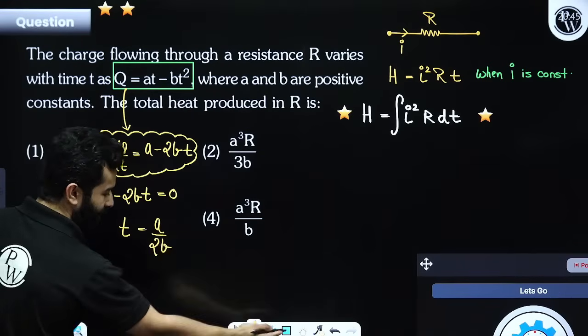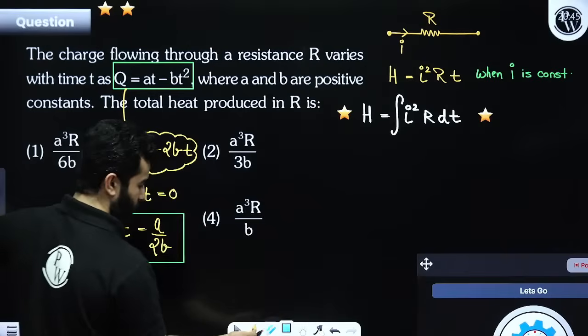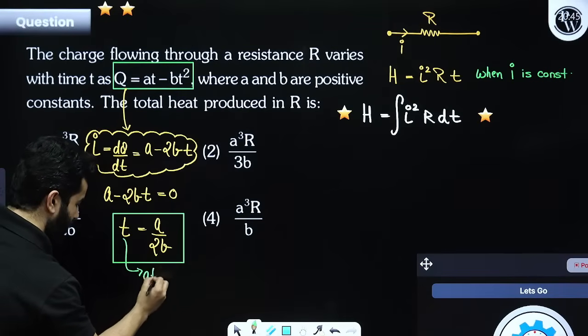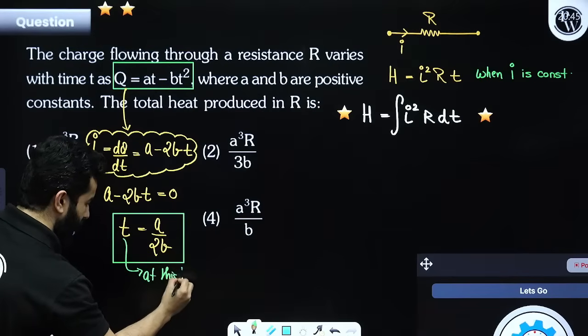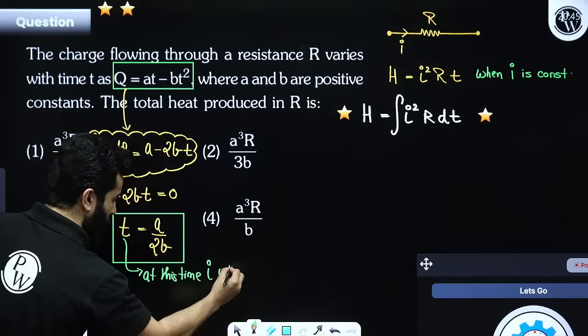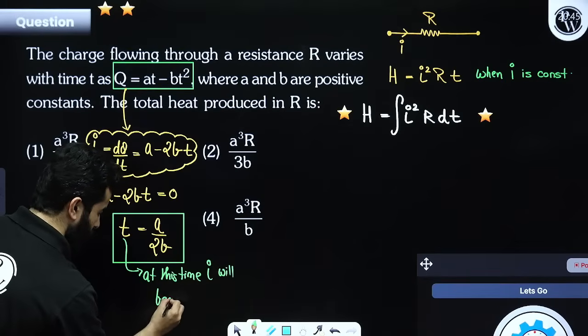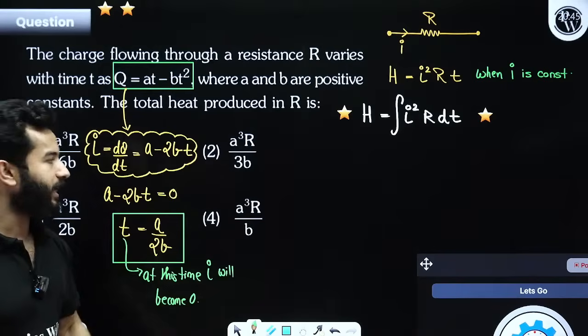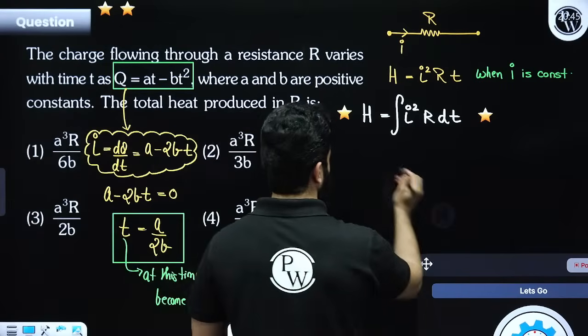So at this time, current will become 0. Current will become 0, right? So now let's substitute.